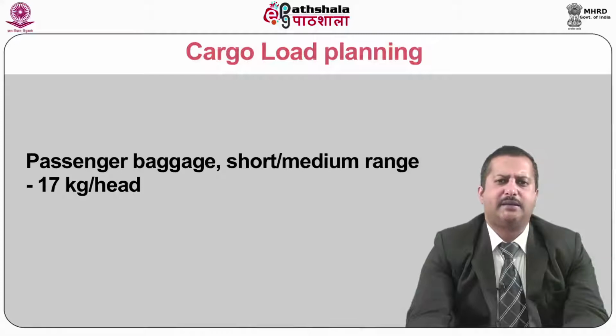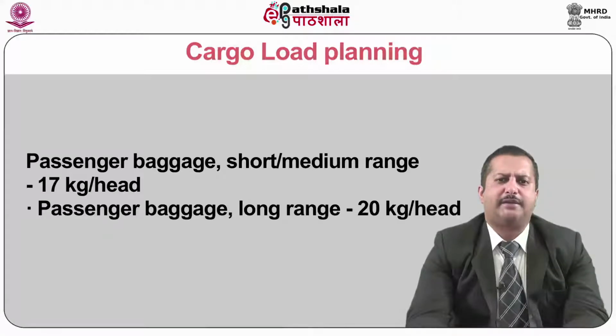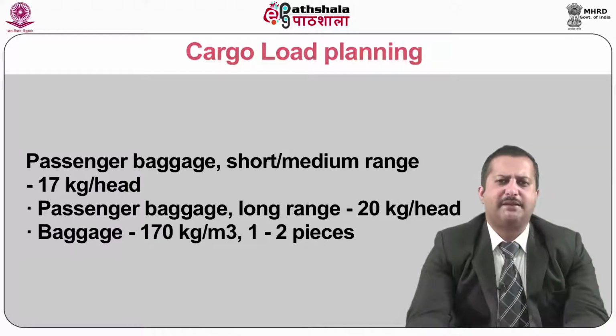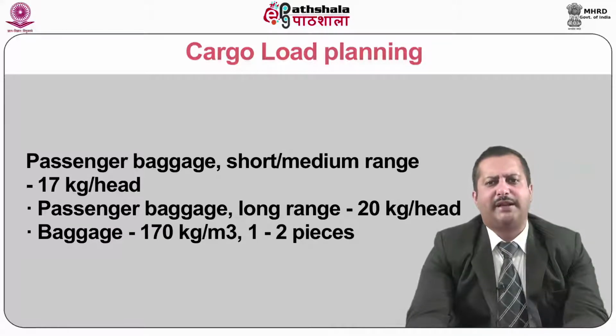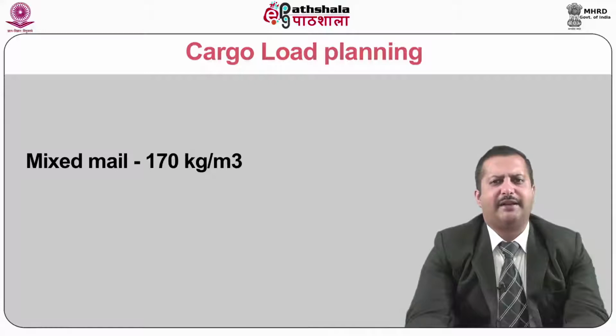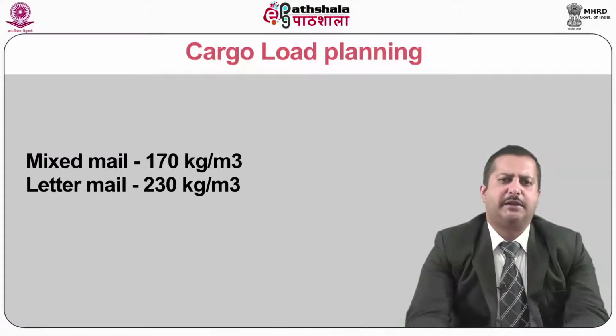Passenger baggage for short and medium range may be 17 kg per head. Passenger baggage for long range may be 20 kg per head. Baggage would be 170 kg per cubic meter, one or two pieces. Mixed mail is 170 kg per cubic meter.